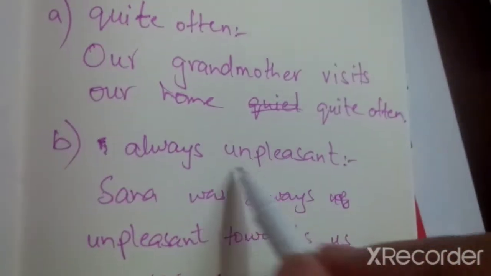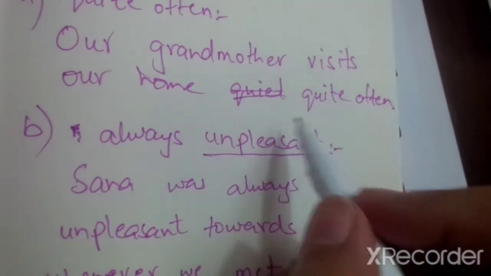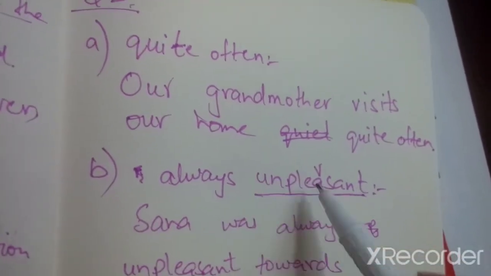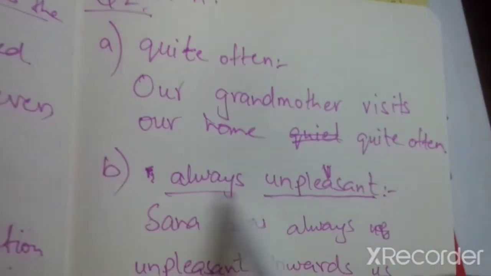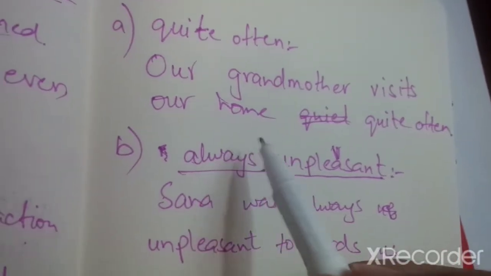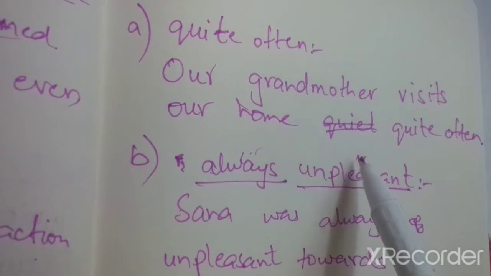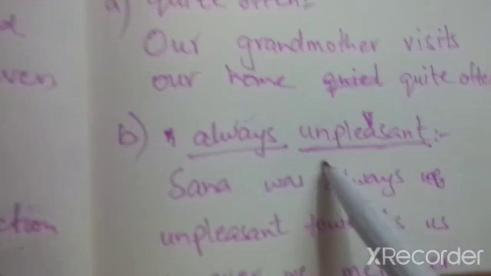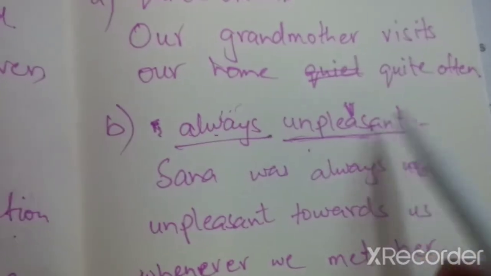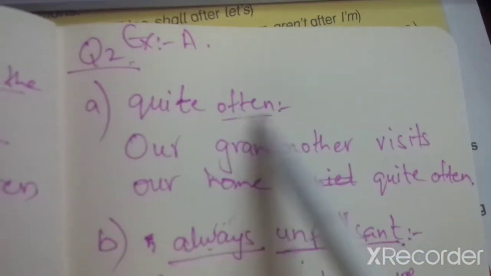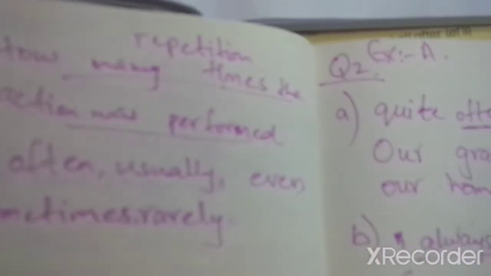So in this you can see that unpleasant is the verb, an action, and always is basically telling us the time, how many times this verb happened. The first rule is being applied to this. Always unpleasant. And in part A, quite often. So often is also telling us about the repetition of the verb.